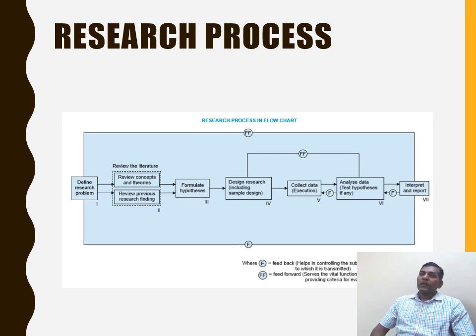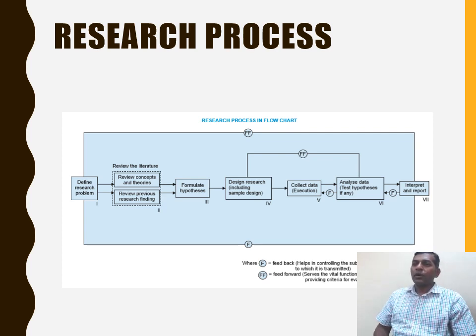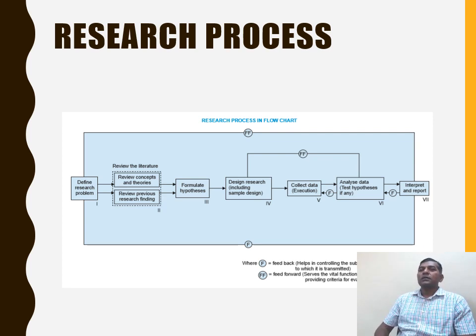Okay, now the research process. This particular diagram will help you to understand all the points from starting to end, how the research flow will be implemented. First is define the research problem. I think till now everybody has defined the research problem, but if you have done it well, no problem.